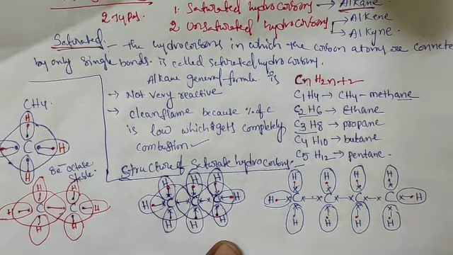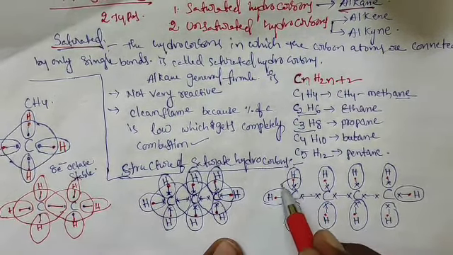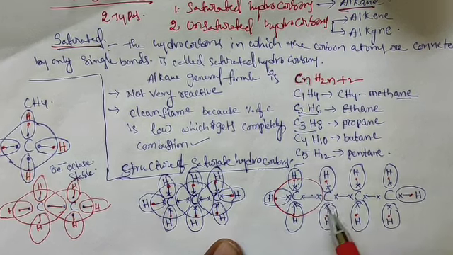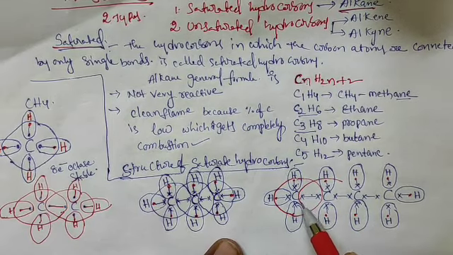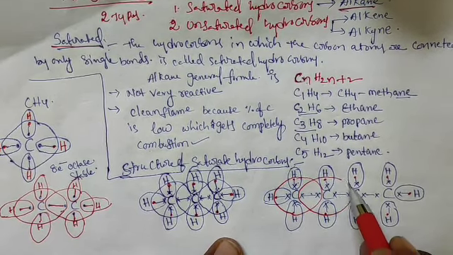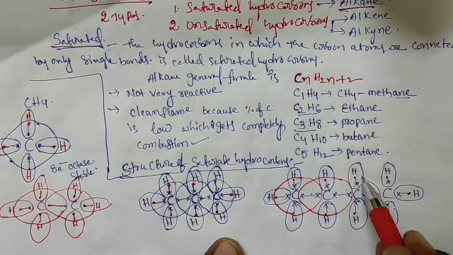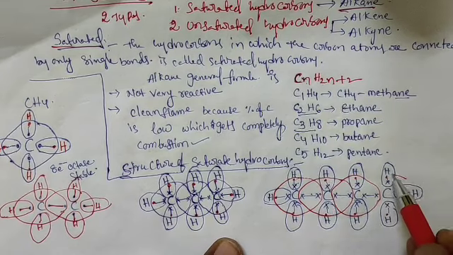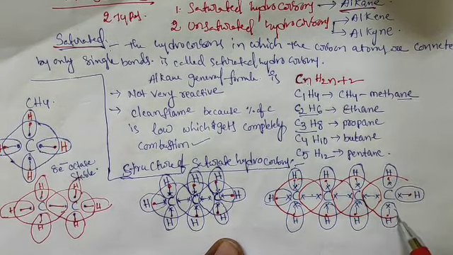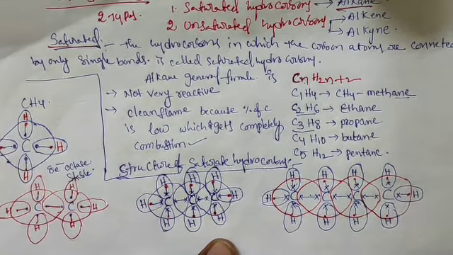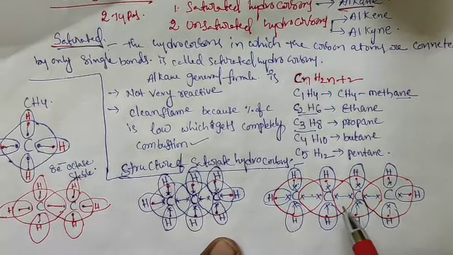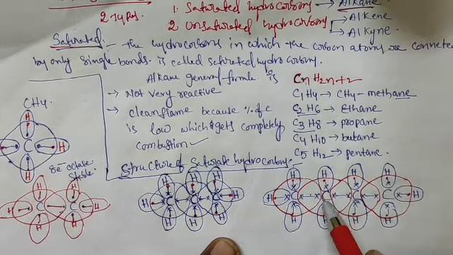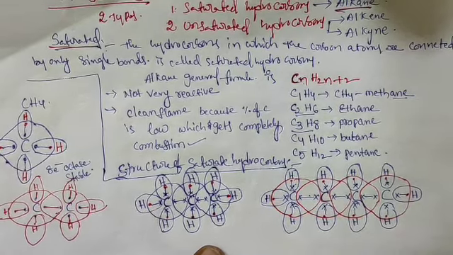Next, how many electrons these carbons have, we should represent like this. This carbon also like this, and the last carbon also like this. So each carbon has 8 electrons. Check once: 1, 2, 3, 4, 5, 6, 7, 8 for this carbon. Like that, all carbons have 8 electrons.